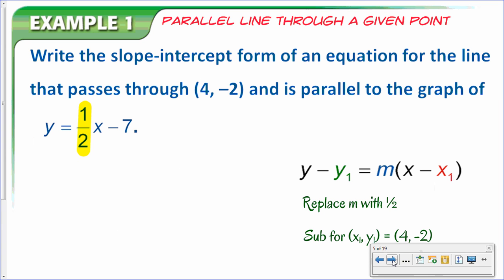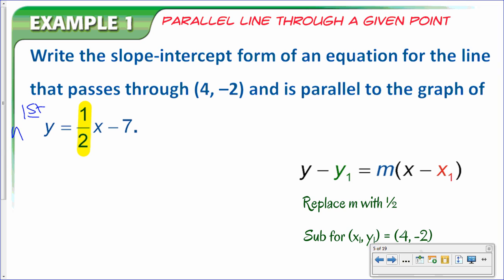If you look at the first example, write the slope-intercept form of an equation for the line that passes through 4 and -2, it is parallel to which line? Parallel to this equation here, right? So if this helps you, go ahead and write this down. This is the first equation.